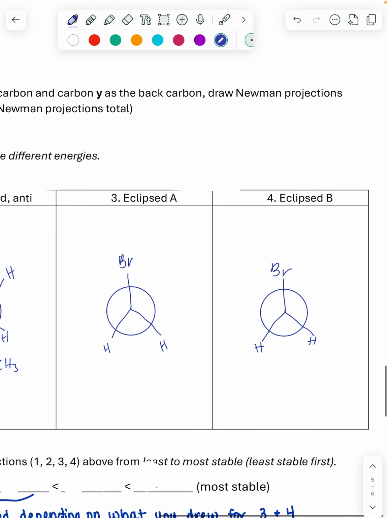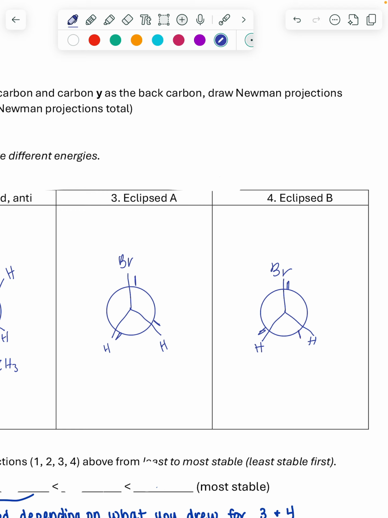Now, eclipsed is when they are technically overlapping. However, we can't show that they're directly overlapping, so we're just going to put the bonds right there and assume that they're overlapping like that.